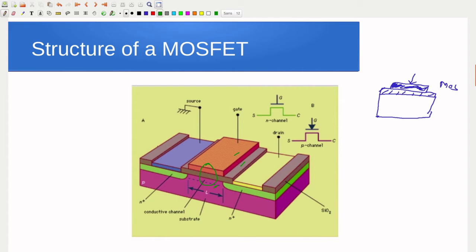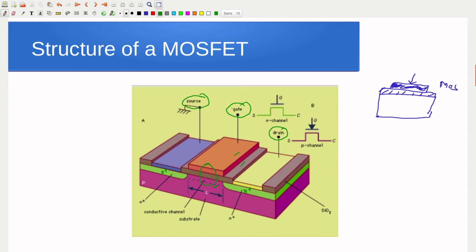Along with this, we are having a source which is an N plus region, and also we are having a drain which is also an N plus region along with the gate.